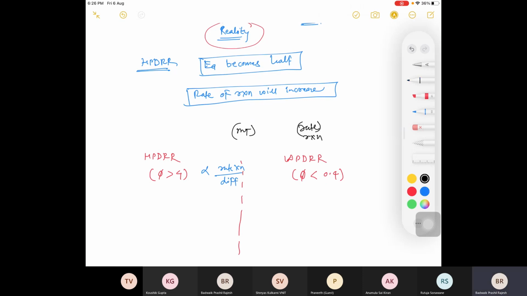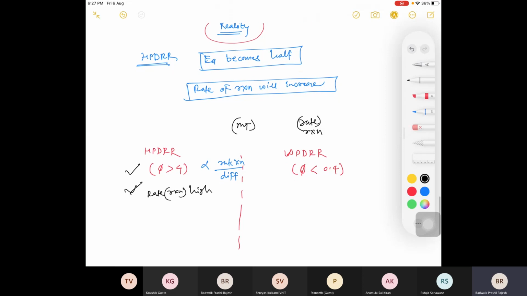Now tell me, if Thiele modulus is high, which of the two quantities will be high? Rate of reaction or diffusion? Rate of reaction, right. And what we proved here is that rate of reaction is high. And here the rate of reaction will be low.